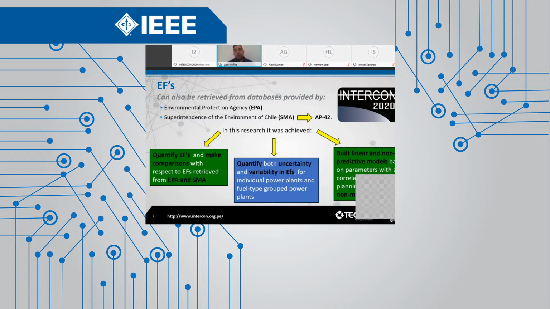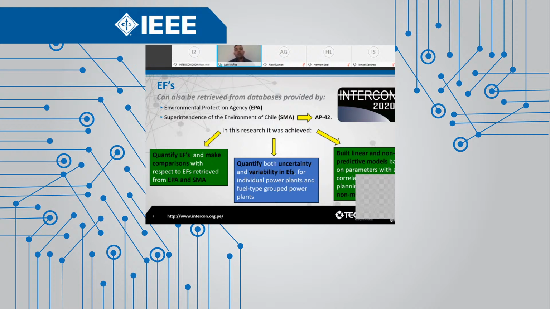They point out that the emission factor presents high variability depending on, for example, atmospheric conditions, and even the maintenance of the machine affects this emission factor a lot.